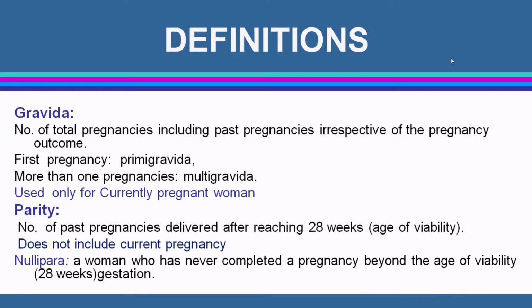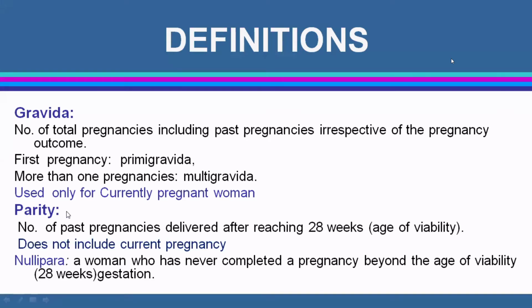We count all the pregnancies, including the current pregnancy. Okay. And if somebody is pregnant for the first time, we refer to them as primigravida. If she is pregnant for more than one time, she is a multigravida. And remember that gravida is used only for currently pregnant women and not for non-pregnant women, right?